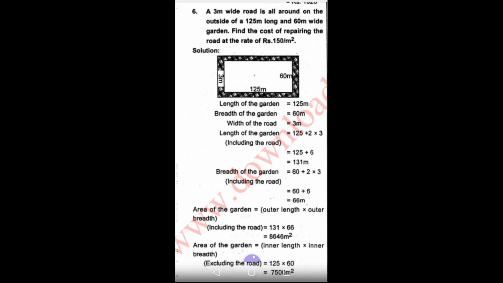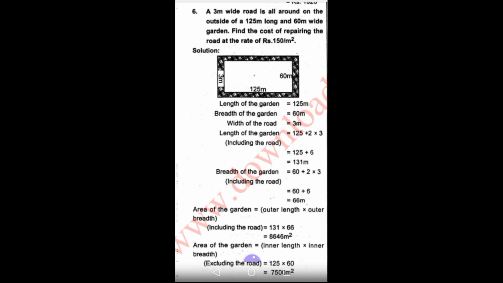Now firstly find out the area of the outer rectangle, that is the area of the garden including the road, and then we find out the cost of repairing the road. Length of the garden is 125 meter, breadth of the garden is 60 meter, width of the road equals 3 meter.